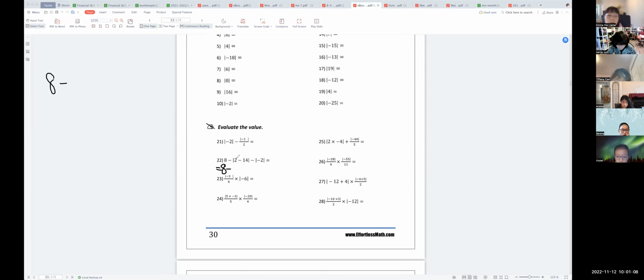Okay, it's 12. So minus what? Minus 2. Very good, minus 2. So 8 minus 12 minus 2. So we can put these together: 8 minus 14. So equals what? Equals negative.